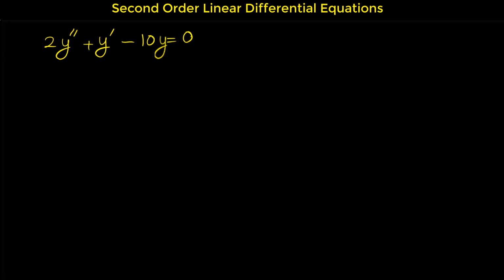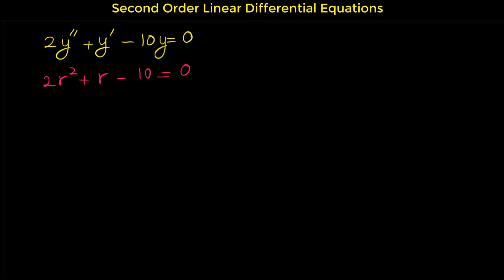First, we have to write the characteristic equation for this differential equation. The characteristic equation is 2r squared plus r minus 10 equals 0. Again, if you like, you can use the quadratic formula for solving this quadratic equation, or you can simply factor this. It's up to you which method you prefer.